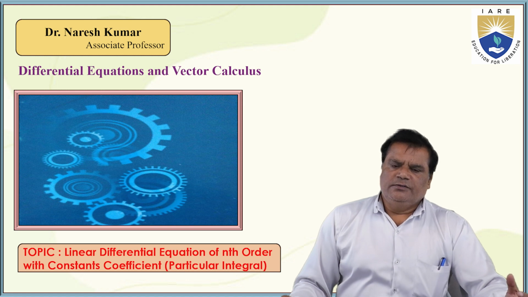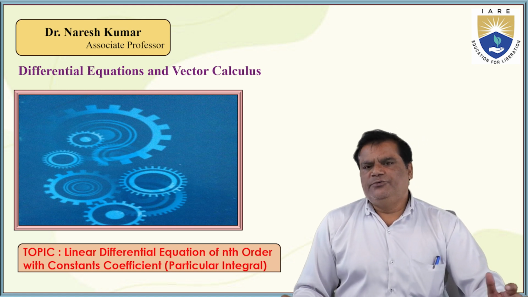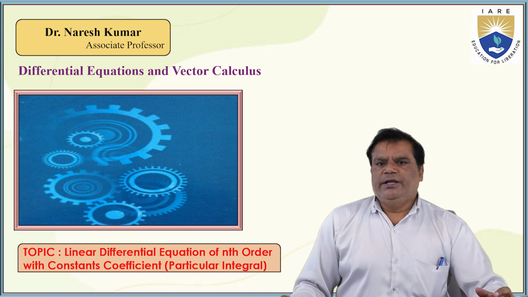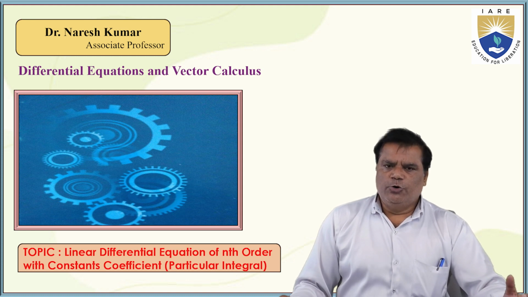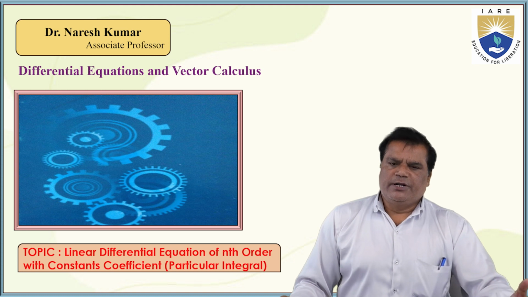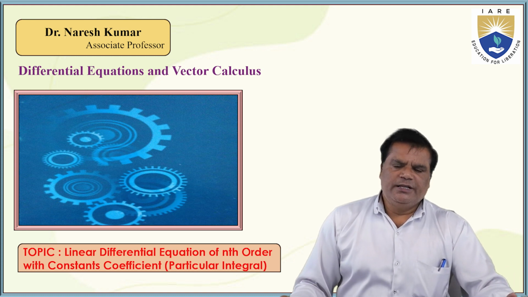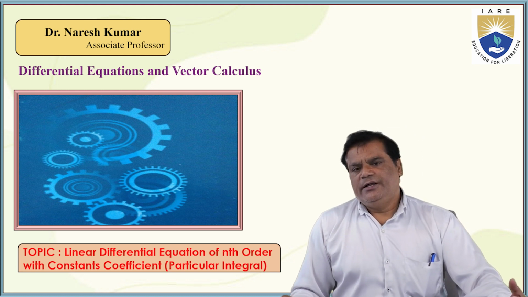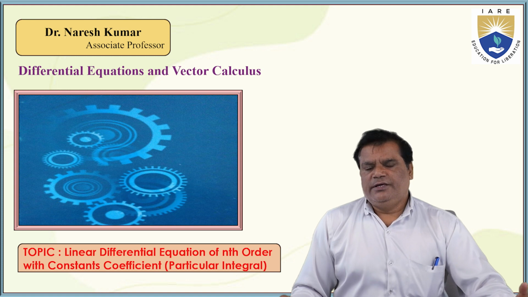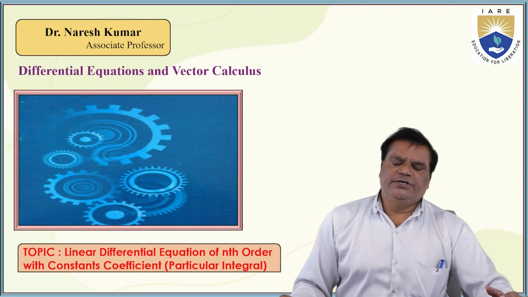So now we want to discuss in detail particular integral. How we can find a particular integral. Basically, particular integral of a linear differential equation with constant coefficient depends on the function given on the right hand side of the given differential equation.